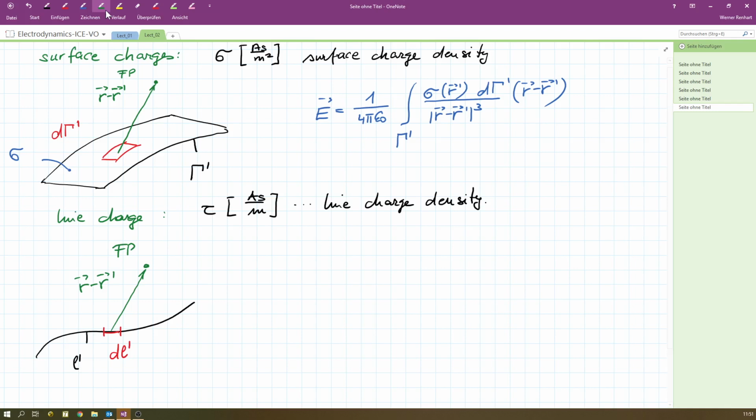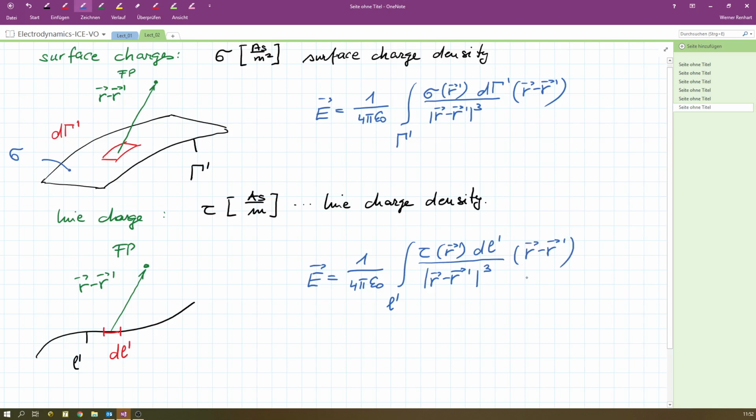This is the separation vector, and we can establish the electric field as E equals 1 over 4 pi epsilon 0 times the integral over the whole source domain L prime of the integrand tau, depending on the radius vector r prime, dL prime, over the magnitude of the separation vector r minus r prime to the power 3, times the vector r minus r prime.